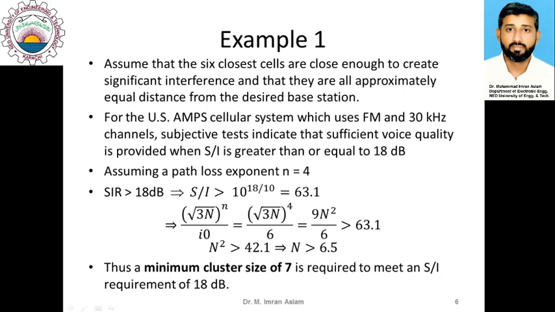While we have given an expression here, N greater than 6.5, you should note that N can only take specific values. For this particular case, we have taken 7, which is a valid cluster size, but in certain cases, if N comes out to be 8, we cannot choose N equal to 8, because the next higher valid cluster size, if we are not taking 7, should be 12.